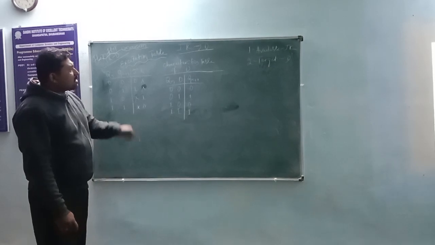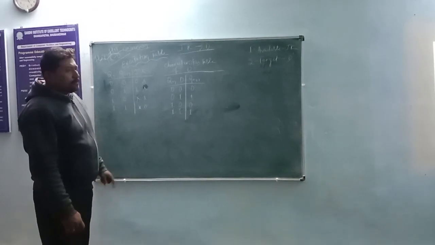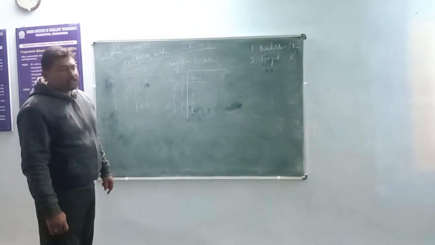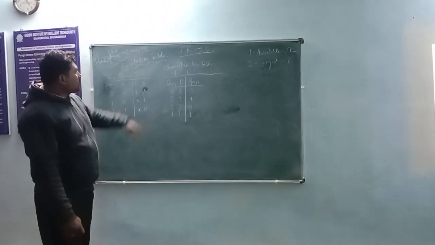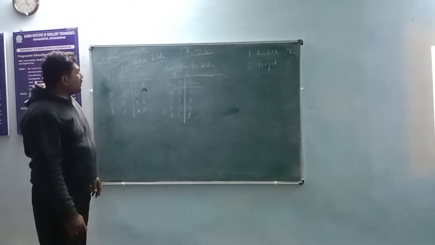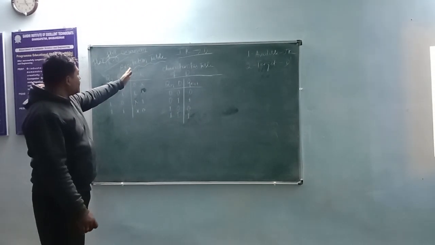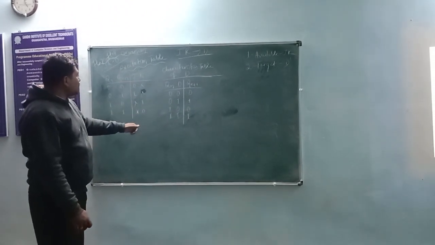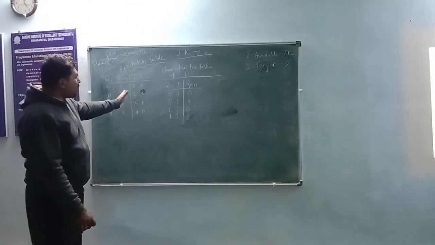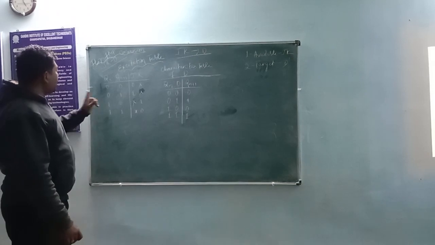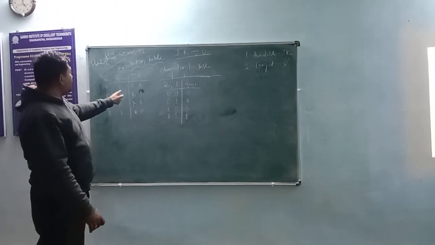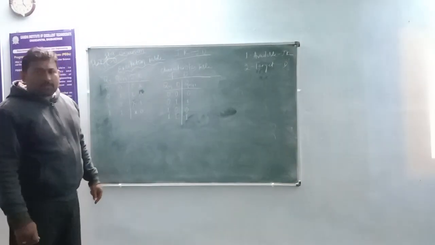To get the excitation table of the JK flip-flop, we went through the reference of the characteristic table of the JK flip-flop. So here, for the conversion from JK to D, we have directly written the excitation table. This excitation table is derived from the characteristic table of the JK flip-flop, and the excitation table and characteristic table are drawn from the truth table of the JK flip-flop.